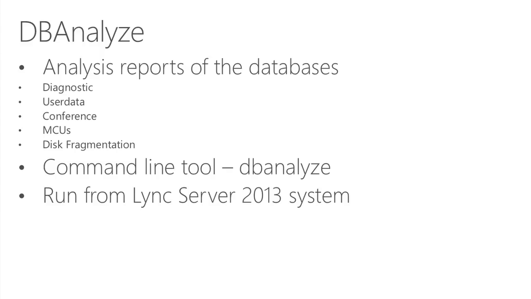User data and conference, I'll call out, are specific to individual conferences and individual users. So if you know users are having problems, you can fire this up and have a look. But from a proactive perspective, really, the MCUs is probably the most useful one. I will highlight here my comment about the supported as-is piece. The documentation is wrong.